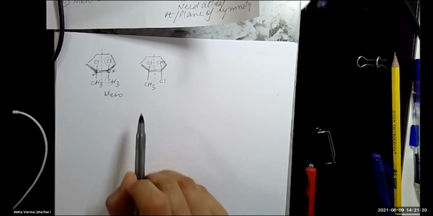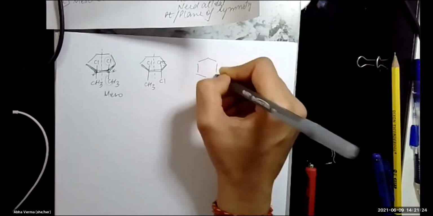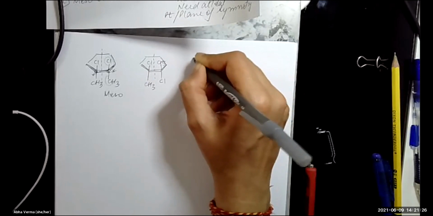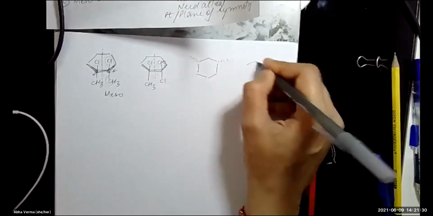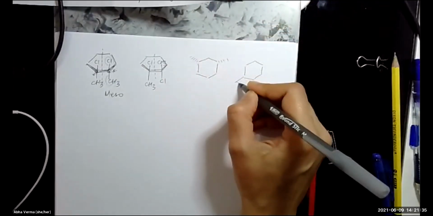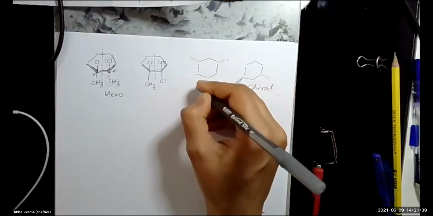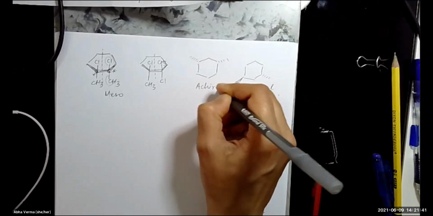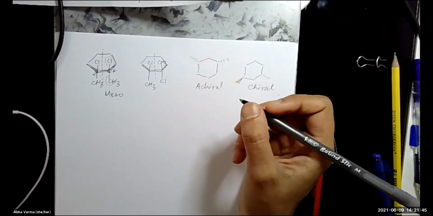Okay, it can exist as an enantiomer, but not as a meso structure. Similarly, this is achiral, meso, and this is a chiral structure. And you have more to see in your drill manual also.